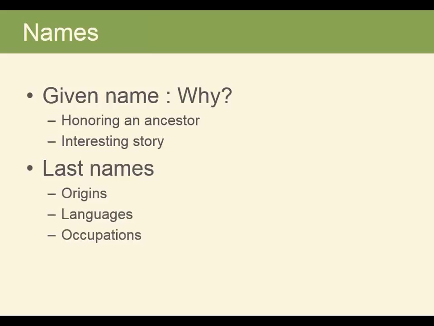Sometimes a last name can give you a clue what language or what country your family came through, or the occupations. A lot of people have, like Smith. Smith is the most typical last name, and it's a person that was working with iron back in the good old days. So you should research, not only collect the names, but also research them a little bit on the history.